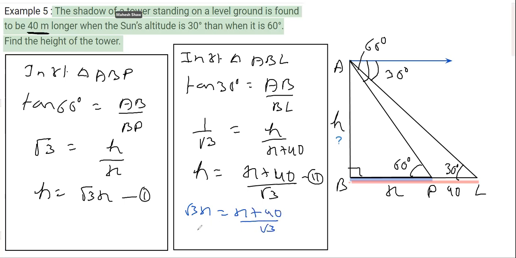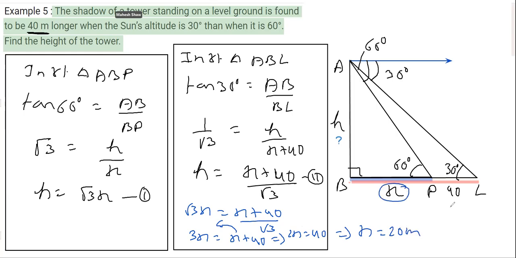If you transpose root 3 to the left, it will become 3x, since root 3 into root 3 is 3. So 3x is equal to x plus 40. And therefore, if you transpose x to the left, 2x is equal to 40. That implies x is equal to 20 meters.